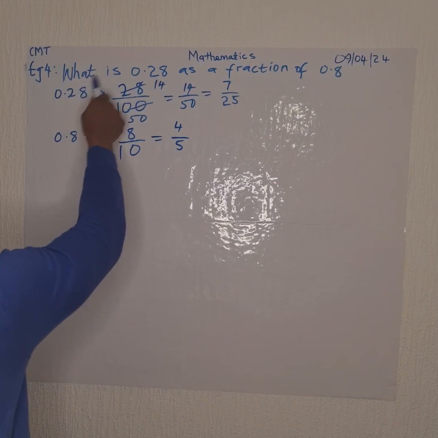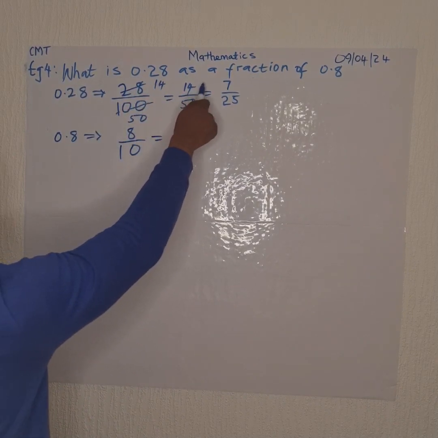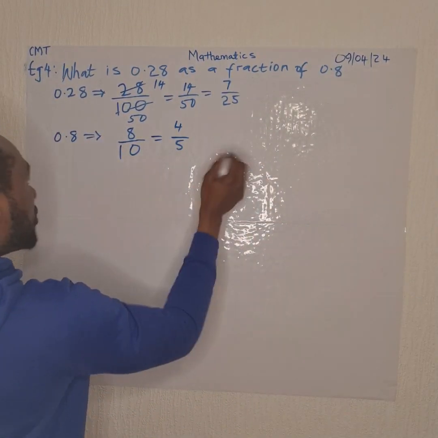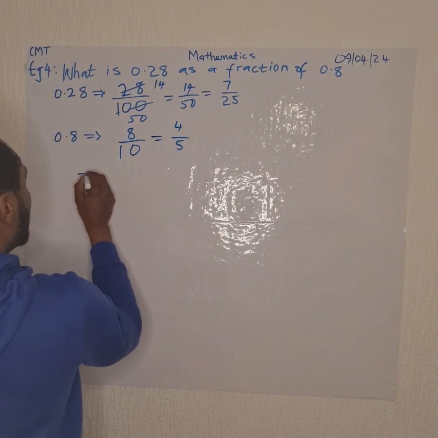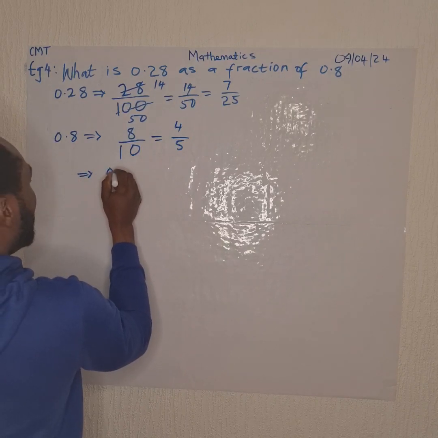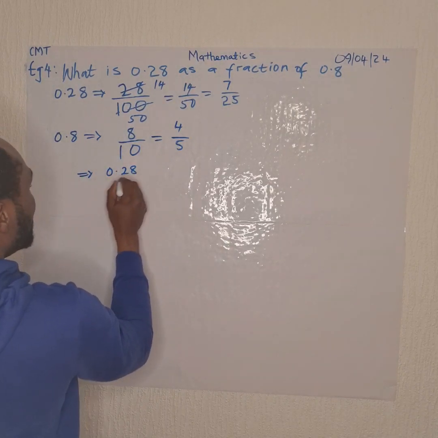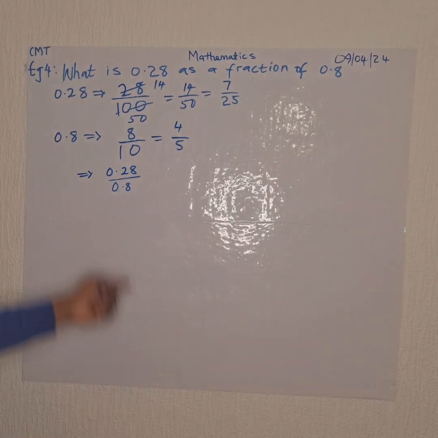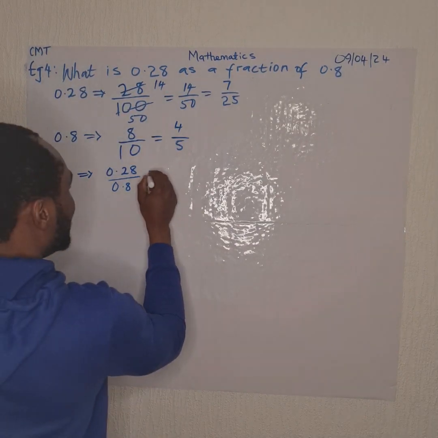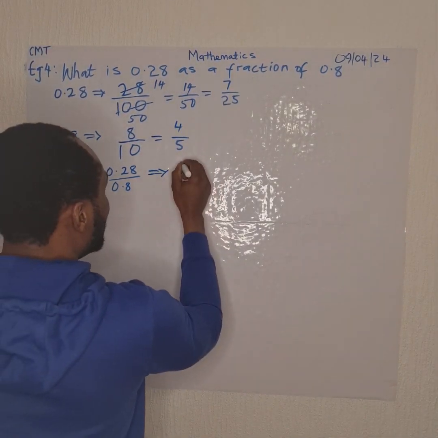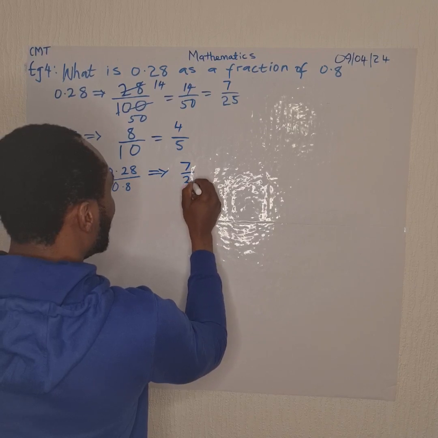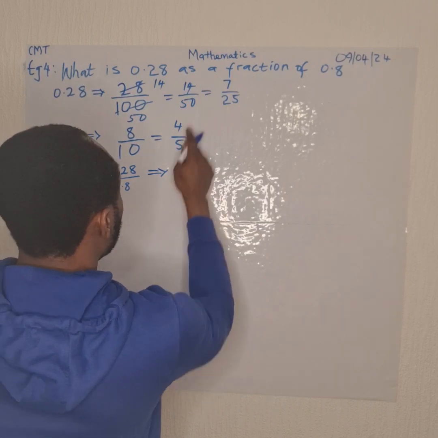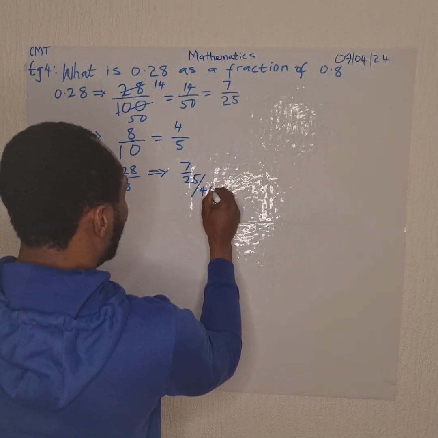The question says, what is 0.28 as a fraction of 0.8? So meaning, what is 0.28 as a fraction of 0.8? Thankfully, we've changed it to fraction. So what this is asking us is that what is 7 over 25 divided by 4 over 5?